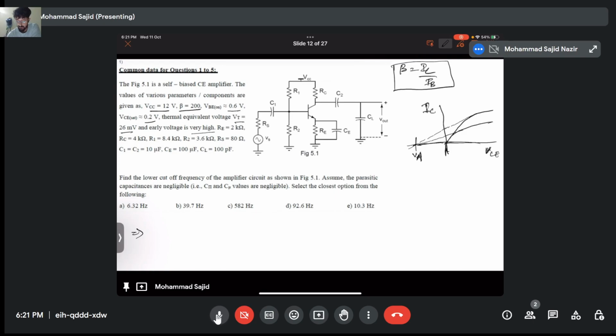I'm talking about magnitude. What if it is like this? Complete saturation. So there is no collector bias dependence in the saturation. If you draw a tangent, it will intersect the x-axis at infinity. So this is the definition of early voltage, and it is given as high. That means there is very little collector dependence in saturation of the device. Okay, and the rest of the values are given when we solve.